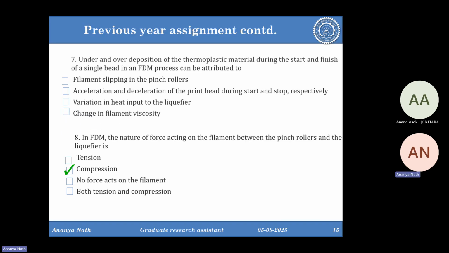Under and over deposition of the thermoplastic material during the start and finish of a single bead in an FDM process is attributed to the acceleration and deceleration of the print head during start and stop. So at the start, it's mostly acceleration. At the end, it's mostly the inertia of the feeding of the wire.